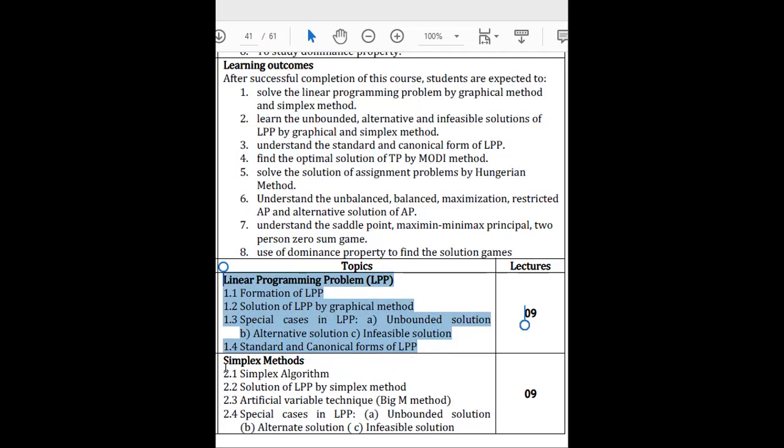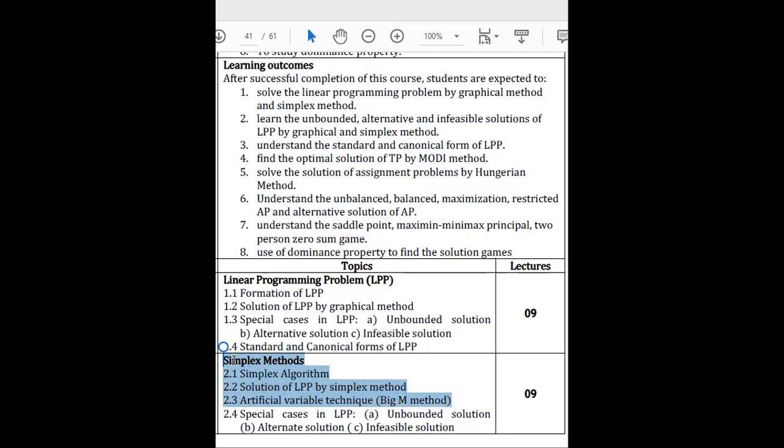In the second chapter, we will learn simplex method. The procedure of finding solution by simplex method, solution of LPP by simplex method. Then there are some problems in which artificial variables are used to solve linear programming problem.